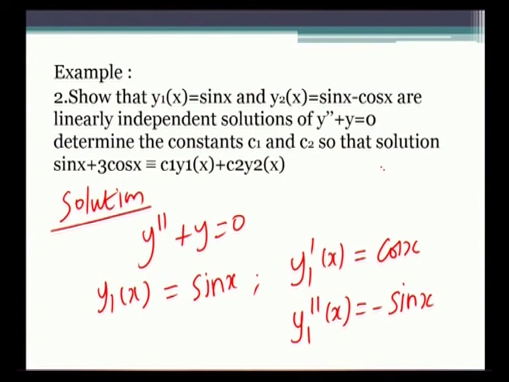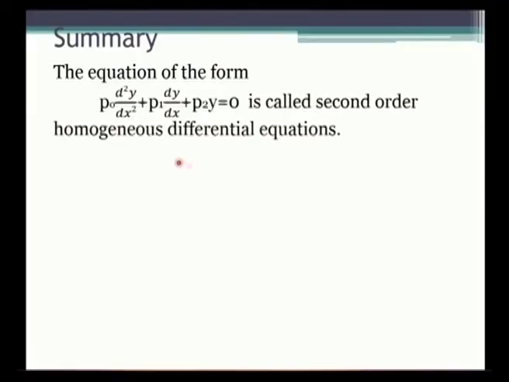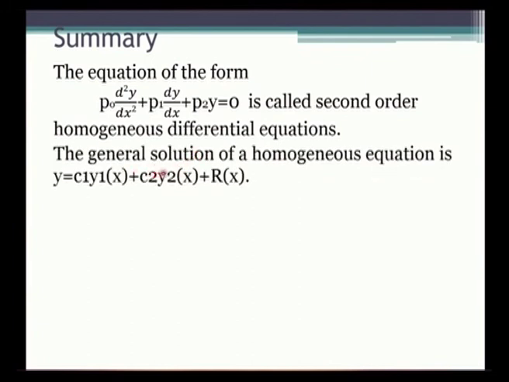In this lecture we learnt that the equation of the form P naught d square y by dx square plus P1 dy by dx plus P2 y is equal to 0 is called the second order homogeneous differential equation. The general solution will be of this form: y is equal to C1 y1 of x plus C2 y2 of x plus r of x.